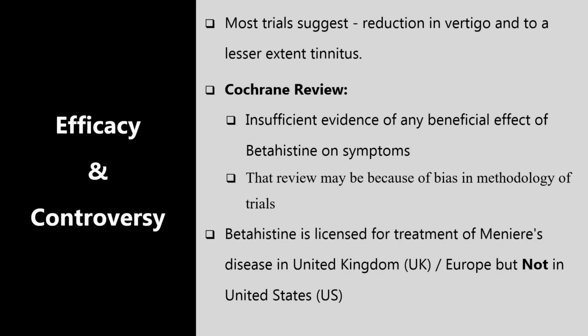This controversy led to the discontinuation of betahistine from the United States. However, it is approved in Europe and the United Kingdom. Some reviewers suggest that the discrepancy could be because of bias in methodology of trials. So, betahistine is licensed for treatment of Meniere's disease in Europe and the United Kingdom but not in the United States.